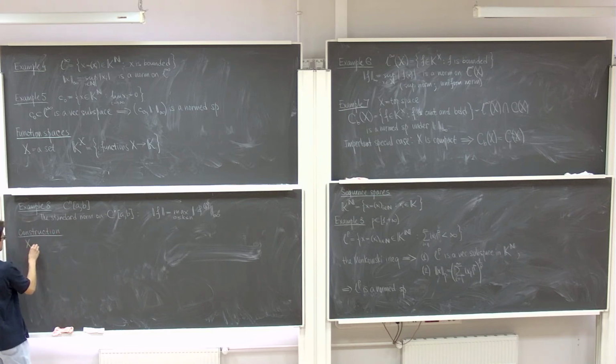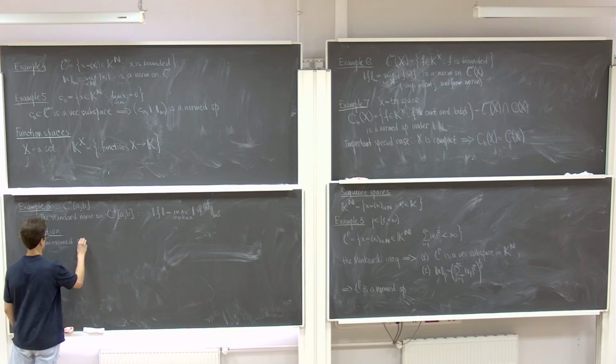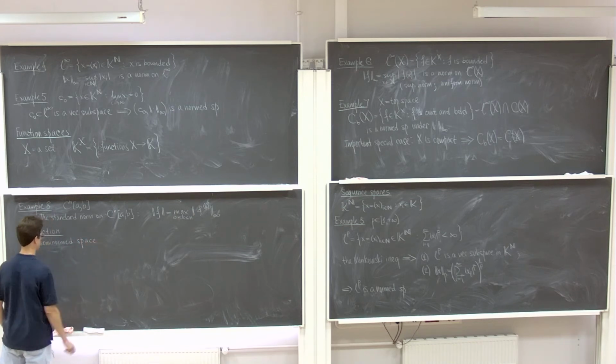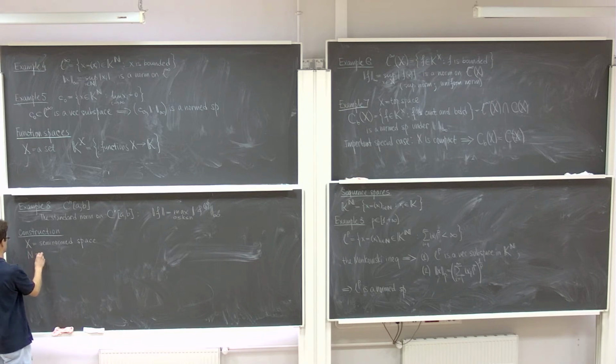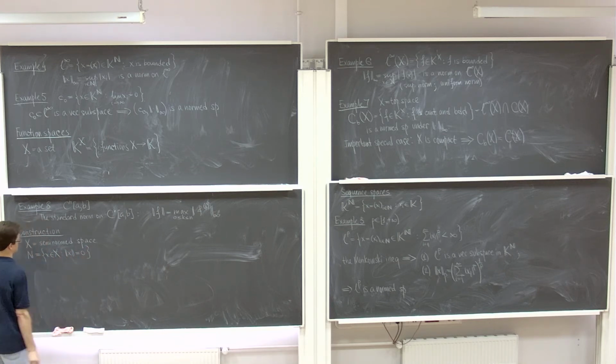Suppose that we have a semi-normed space X. It is a vector space equipped with a semi-norm. And let's denote by N the set of those vectors x for which the semi-norm of x is 0. And let's observe that the triangle inequality easily implies that N is actually a vector subspace of X.